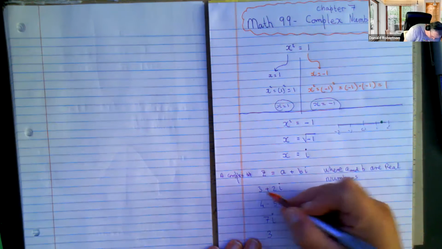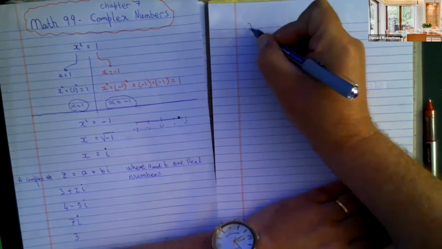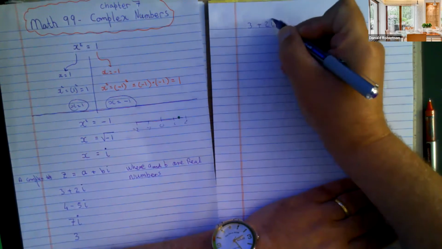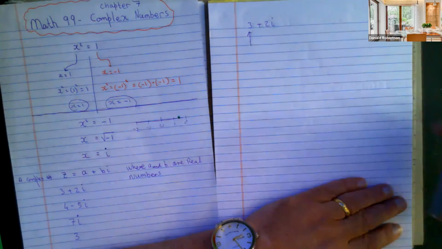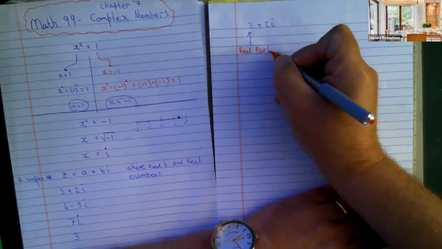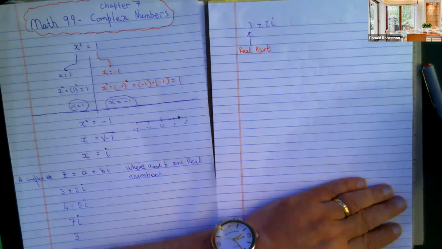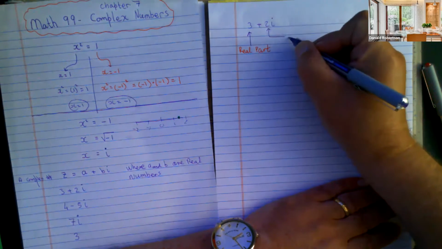So when you have a complex number, for instance, like 3 plus 2i, the number 3 is called the real part of the complex number. And the number 2, not 2i, not i, just the number 2, is called the imaginary part.